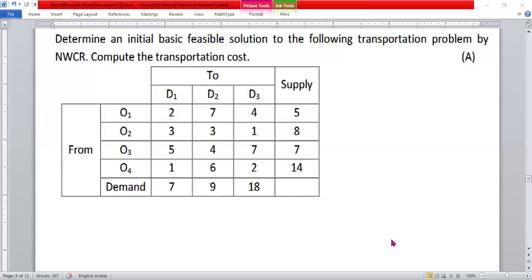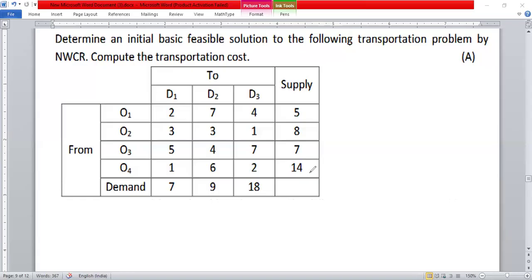Now the question is ready. So I'm going to start with method number one, that is called northwest corner rule. Very important. Look at the question. Determine an initial basic feasible solution to the following transportation problem by northwest corner rule.